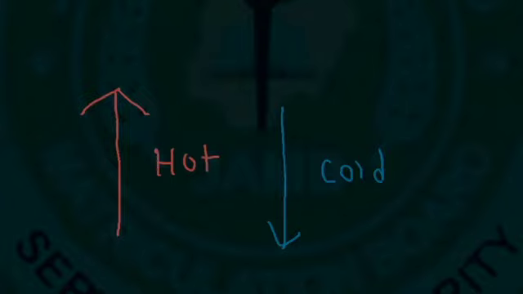So hot air tends to rise, cold air tends to sink. If you live in a 3-story apartment or house, if you turn on the AC, you'll realize that the first floor, or even the basement, will be the coldest area in the house, and the attic is usually the hottest part of the house. That's because all the hot air rises towards the attic and the cold air sinks towards the basement.